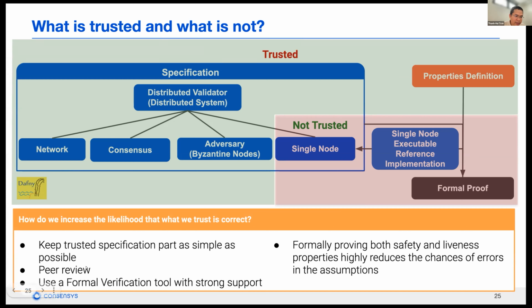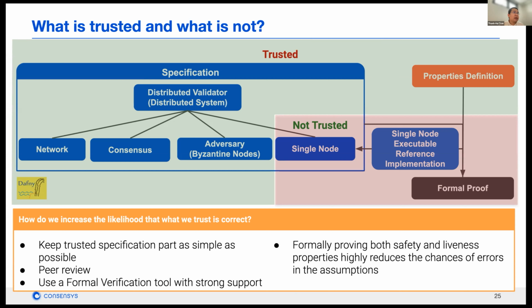Moreover, we apply peer review to get feedback from other researchers. And the tool we use has strong support for formal verification. The last step we apply is to formally prove both safety and liveness properties. And the formal proof will highly reduce the chances of errors in our assumptions.